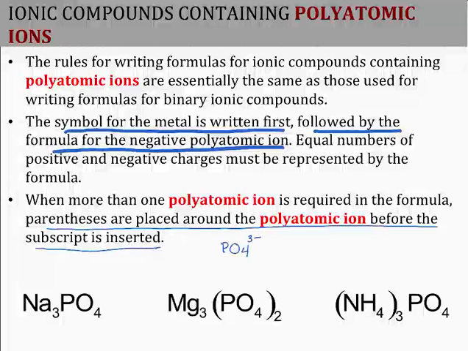So in this first compound here, we have 3 sodium ions and 1 phosphate ion. There we go. So you'll notice that those 3 positive sodium ions balance the 3 minus charge on phosphate.